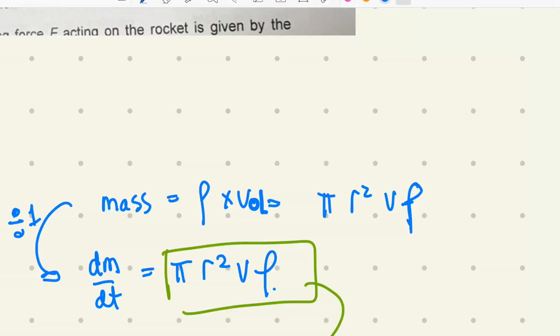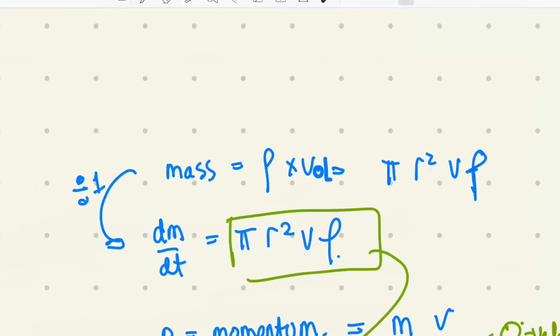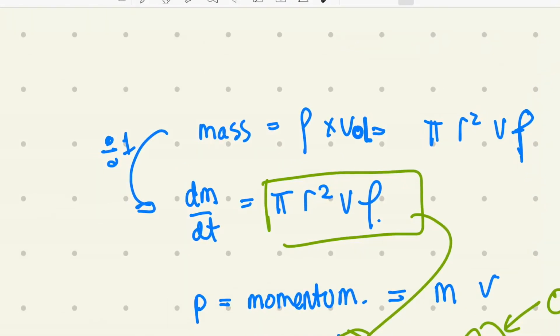Mass is ρ times volume. So if you multiply that, you get πr²vρ. Then dm/dt, you divide by the time, and don't forget time is 1 second because we take 1 second.